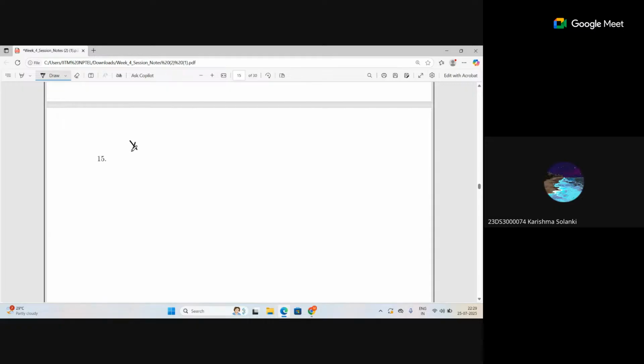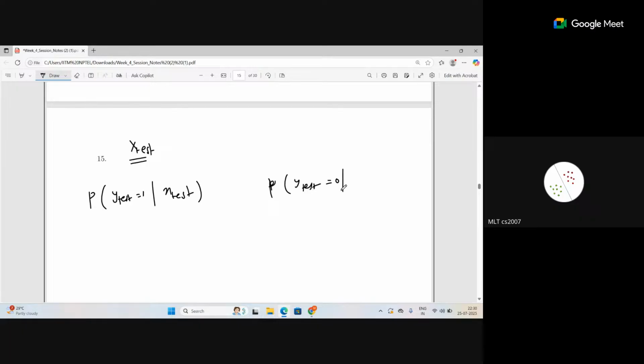So for probability of xy equals probability of x given y, we are saying that for any x test, probability of y test equal to 1 given x test should be compared with probability of y test equal to 0 given x test, right?